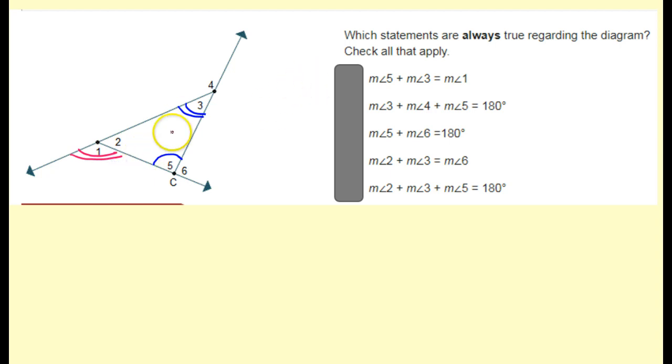Yes, that's the same theorem that we've used in most of the problems in this video. We have an exterior angle, and this is a remote exterior angle and two interior angles, so this should always be true.